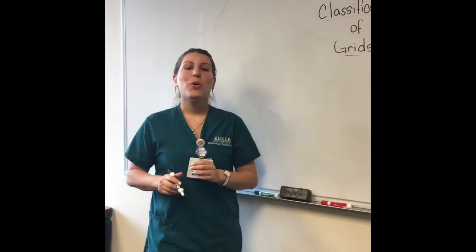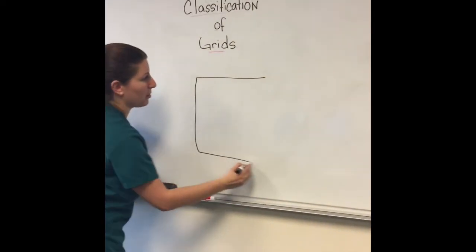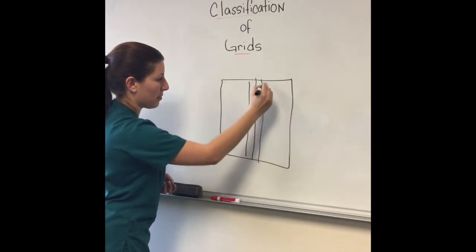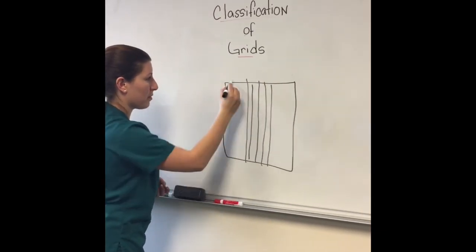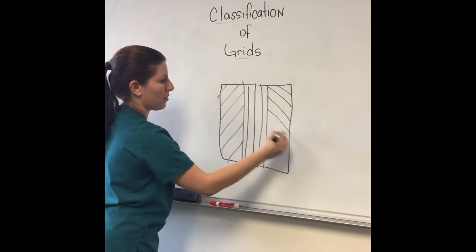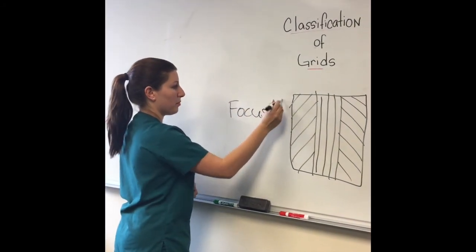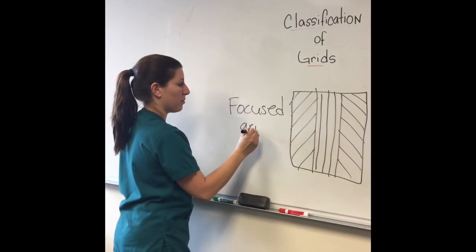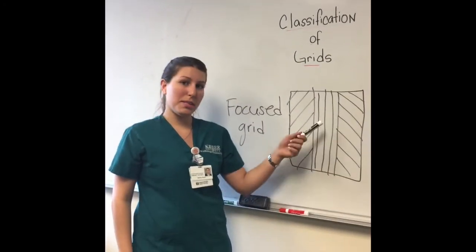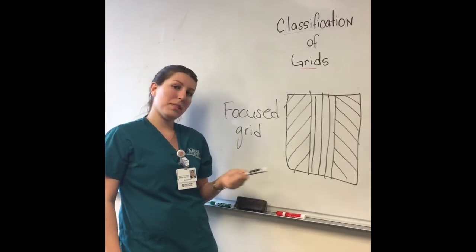The last one I'm going to go over is the focused grid, which looks something like this. The focused grid is going to have parallel lead strips in the middle, and then it's going to have slanted, angled lead strips on the side.